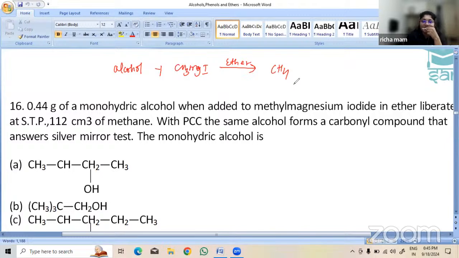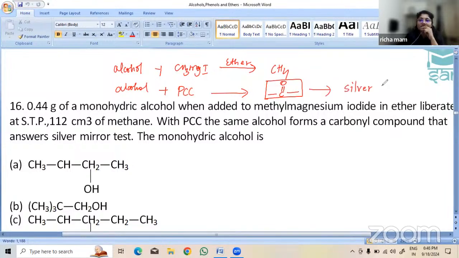And with PCC, which is an oxidizing agent, the same alcohol is forming a carbonyl compound, and this carbonyl compound is answering a silver mirror test. So we have to find which is this alcohol.